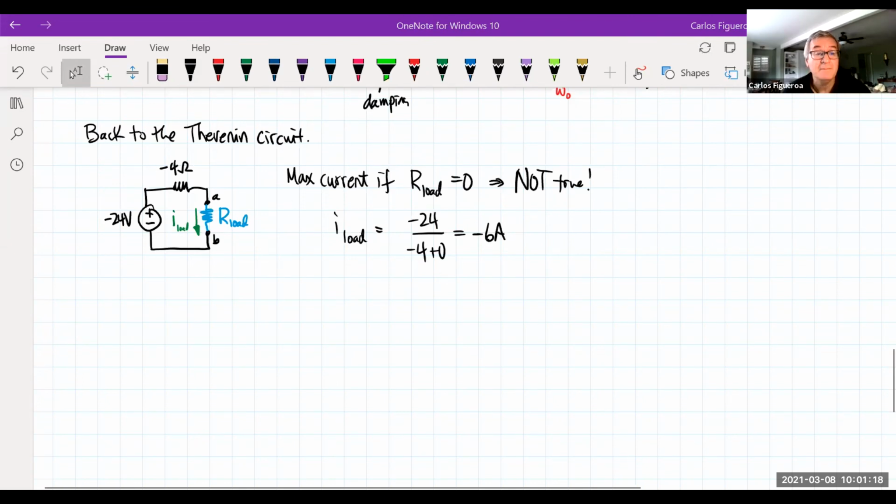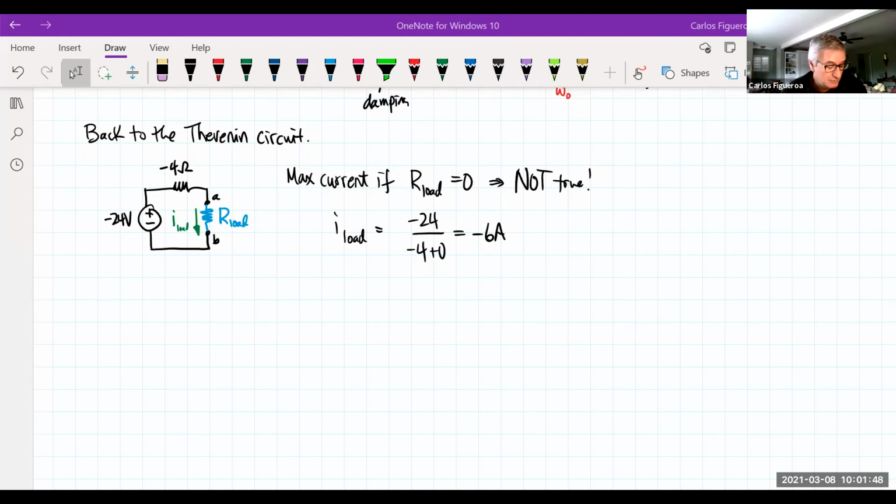So if I come in here in PSpice, change that to 0, and then run it again, look what I get. Oh, come on, PSpice. PSpice is not liking me. Apparently, you can't set resistance equal to 0, but I can do this, right?